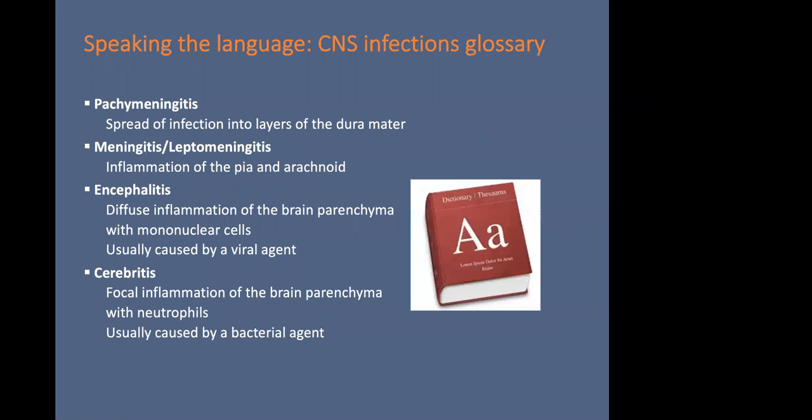To start with, I thought that there are a lot of terminologies we use in CNS inflammation and infections, and it would be good to know what these terminologies mean. Pachymeningitis is a term we use for inflammation of the pachymeninge, and by pachymeninge, we mean dura.